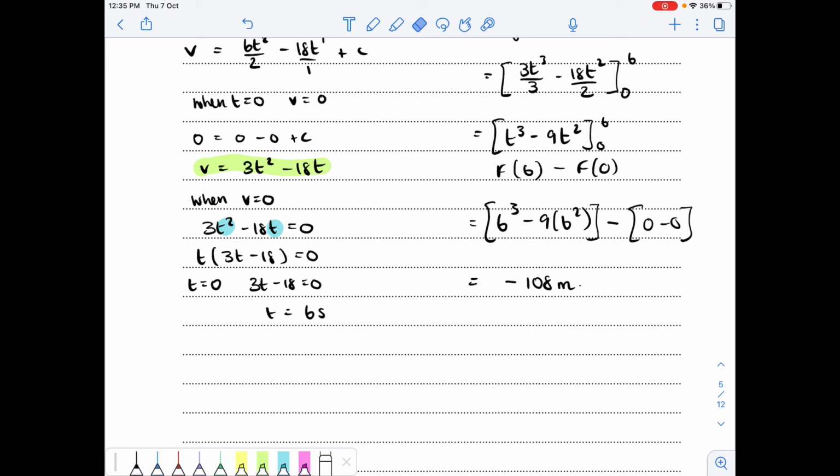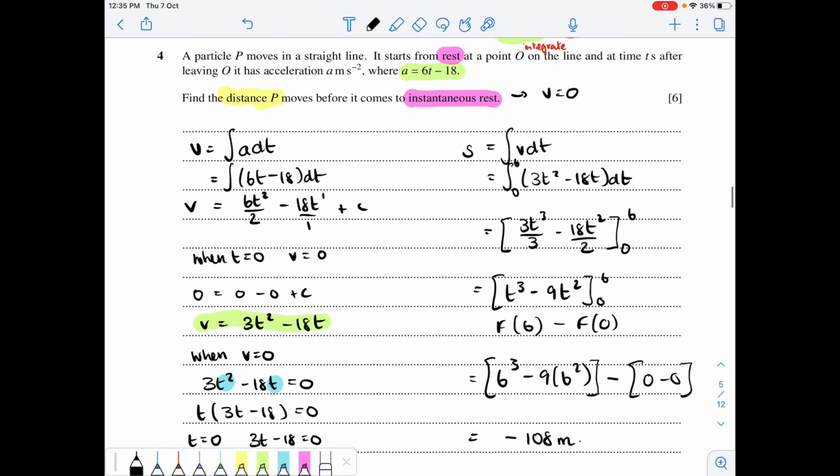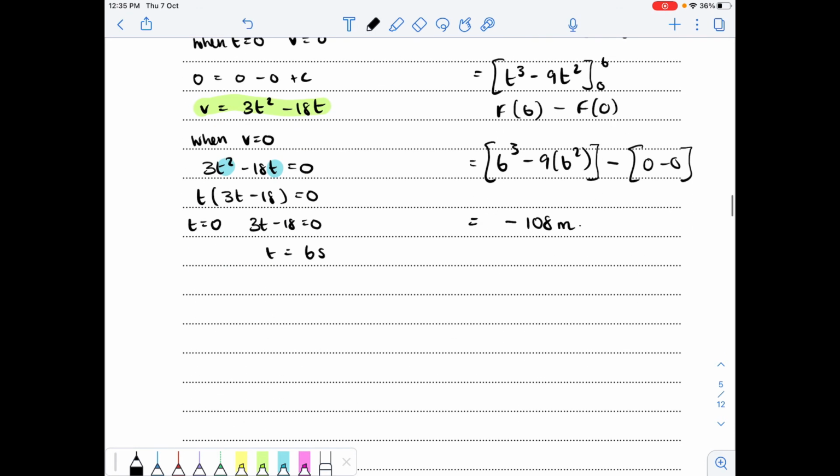But distance, what we've been asked to calculate, is a scalar, which means it cannot be negative. So we can just say that distance traveled is equal to 108 meters.